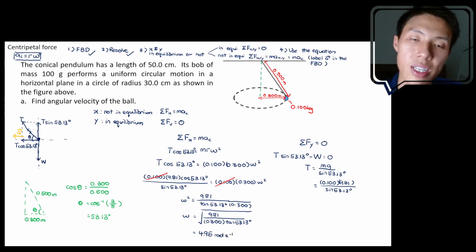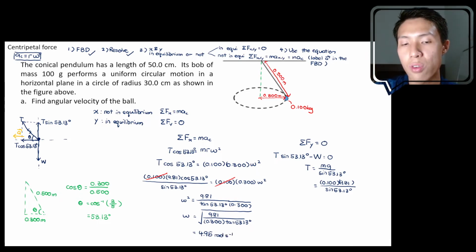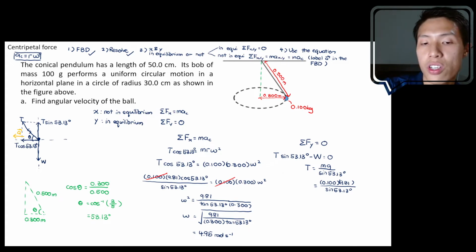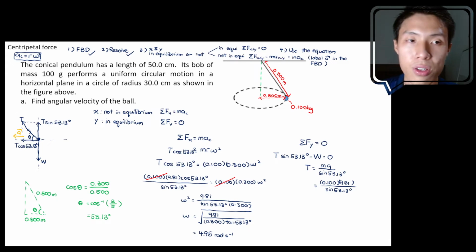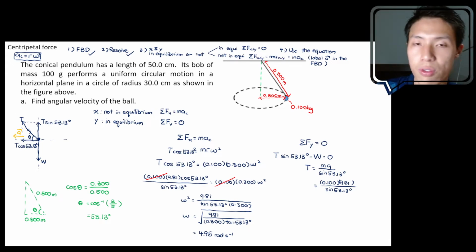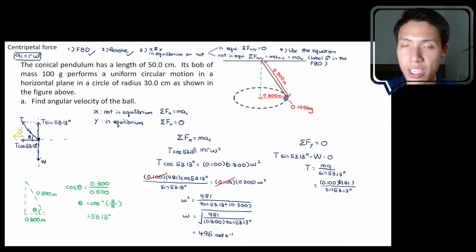Any answer that comes out of this kind of calculation for omega is supposed to be in the unit of radians per second. So if in the question they give you angular velocity in RPM, RPS, or very different kinds of units, please change it to radians and please change it to seconds. Then it can be input into this kind of equation correctly.